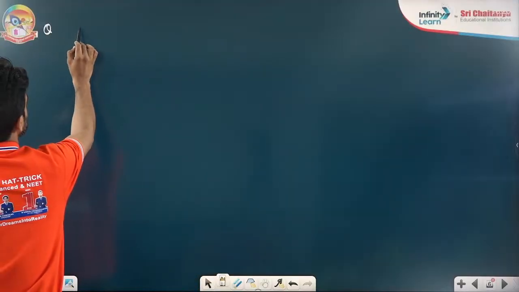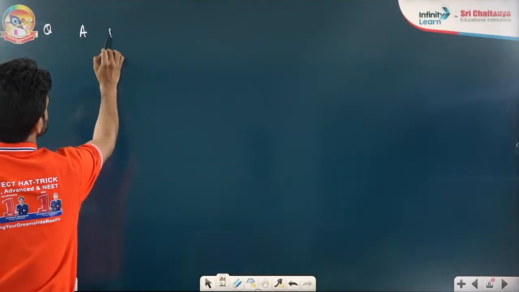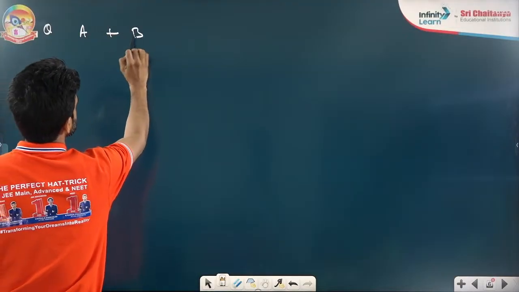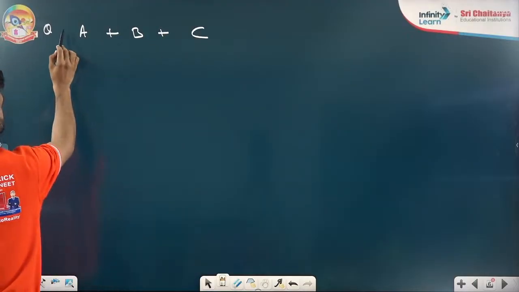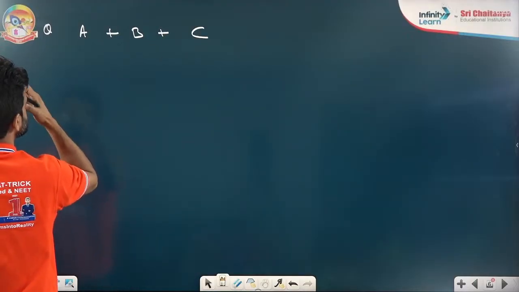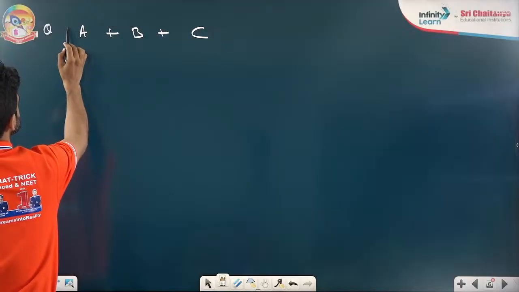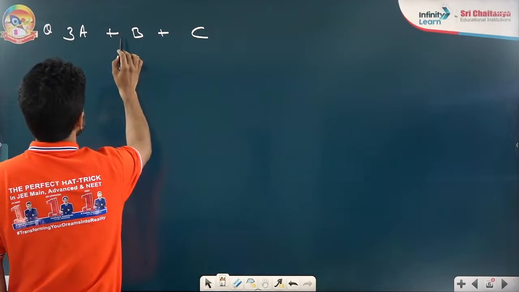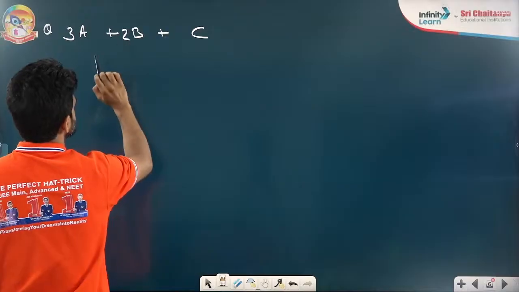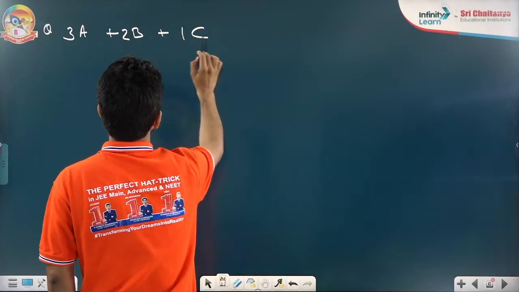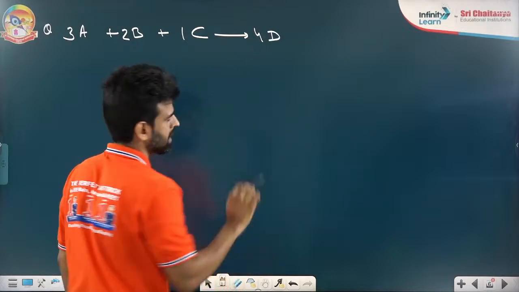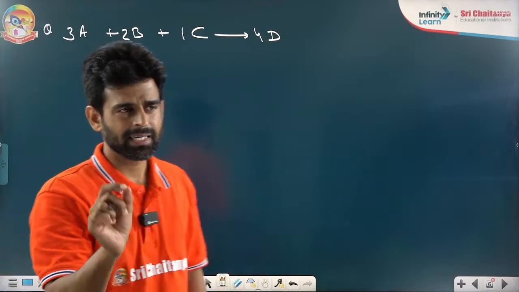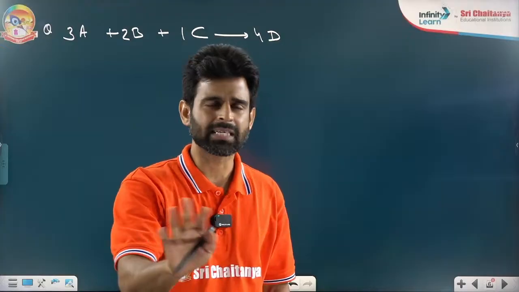Imagine this time our reactants are A, B and C, and the coefficients are 3, 2 and 1. And the product is D. These are just reactants and products.